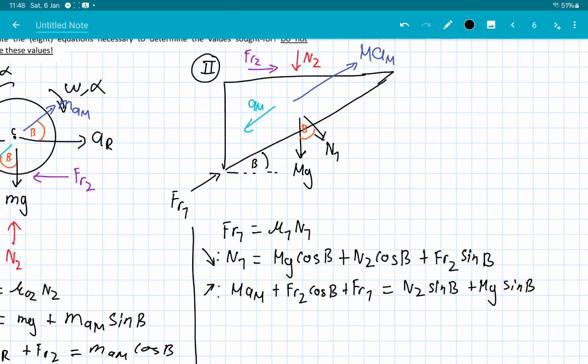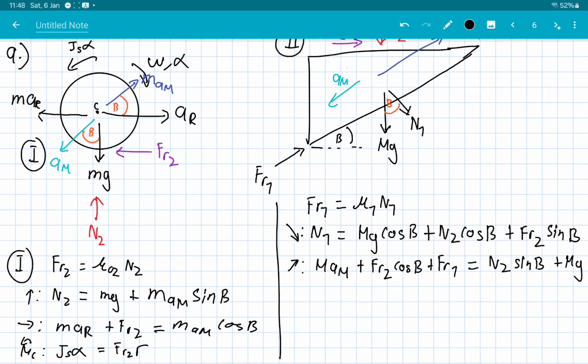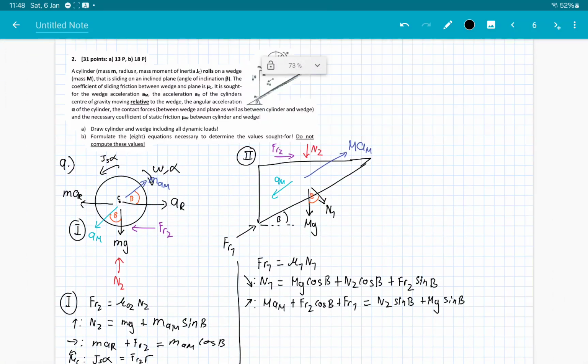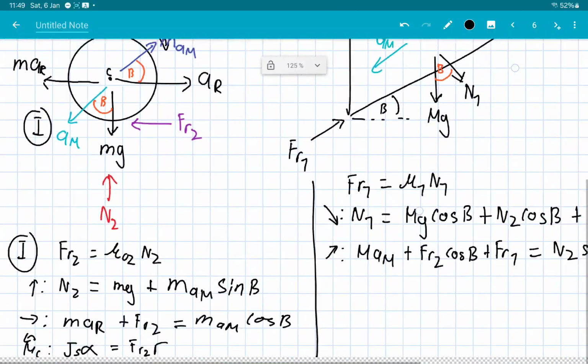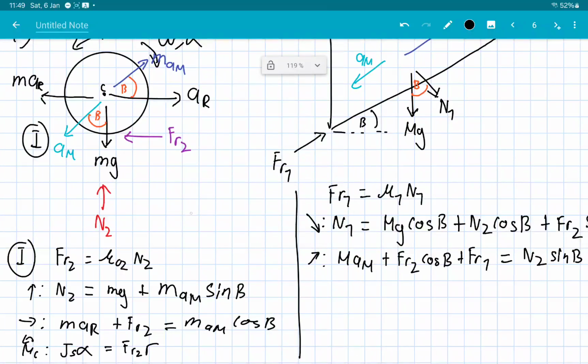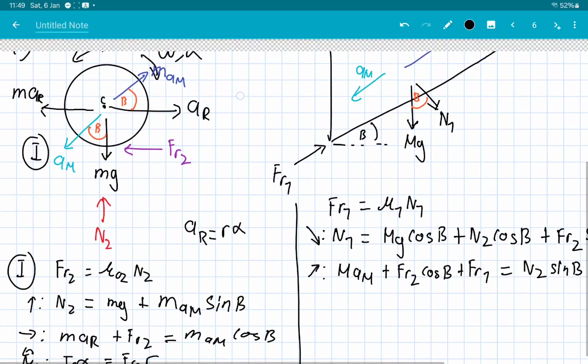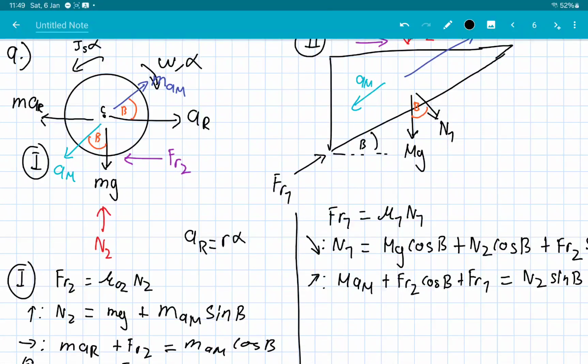I forgot, so we have 7 equations here, so what else do we need? We need 8 equations. Okay, so I forgot one more, which was that the 8th equation is AR is equal to R alpha. The reason for this is because the whole entire thing is translating from the left to the right.